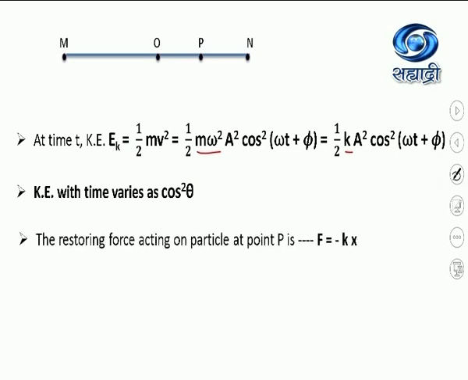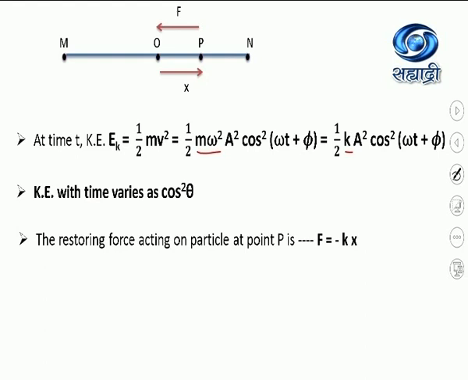The restoring force acting on a particle when it is at position P is F, and that is equal to minus kx, where k is the force constant and x is the displacement measured from point O. If we observe the directions of F and x, they are exactly opposite.